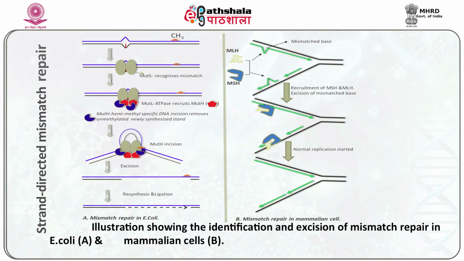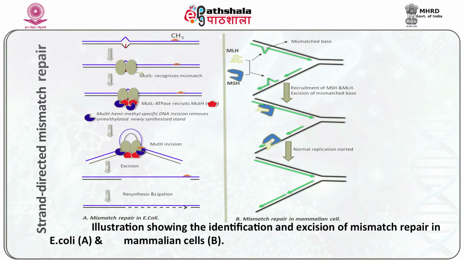Involvement of DNA mismatch repair increases the accuracy of DNA replication by 2 to 3 orders of magnitude. This mismatch repair enzyme scans the newly replicated genome for mismatches and accurately repairs them. If a mismatch is found, the enzyme identifies and excises the mismatched base from the new strand and rectifies the error, and the original sequence is restored.